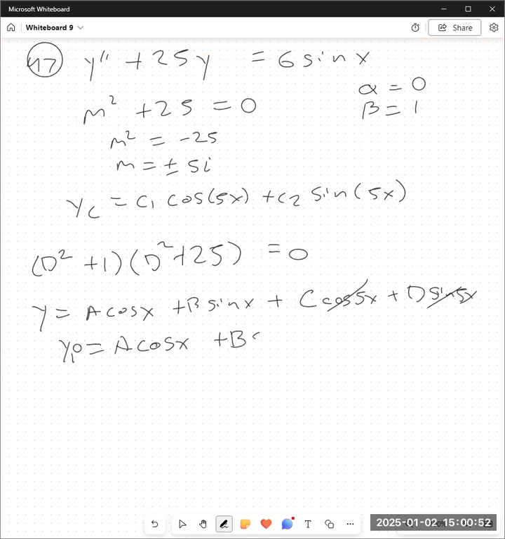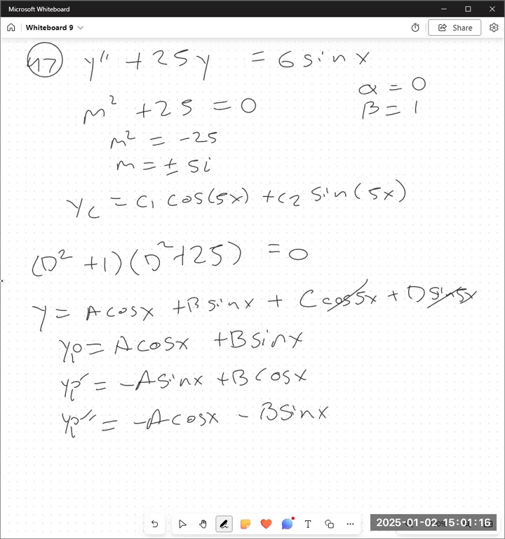So my yp equals a cosine x plus b sine x. So yp prime is going to be negative a sine x plus b cosine x, and yp double prime is going to be negative a cosine x minus b sine x.